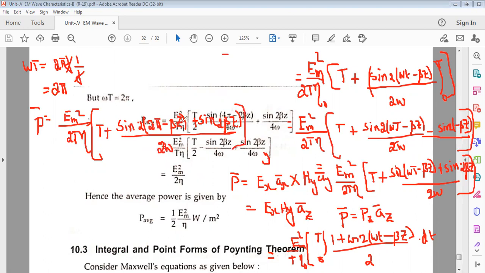Now sine of 4 pi minus beta z is minus beta z.